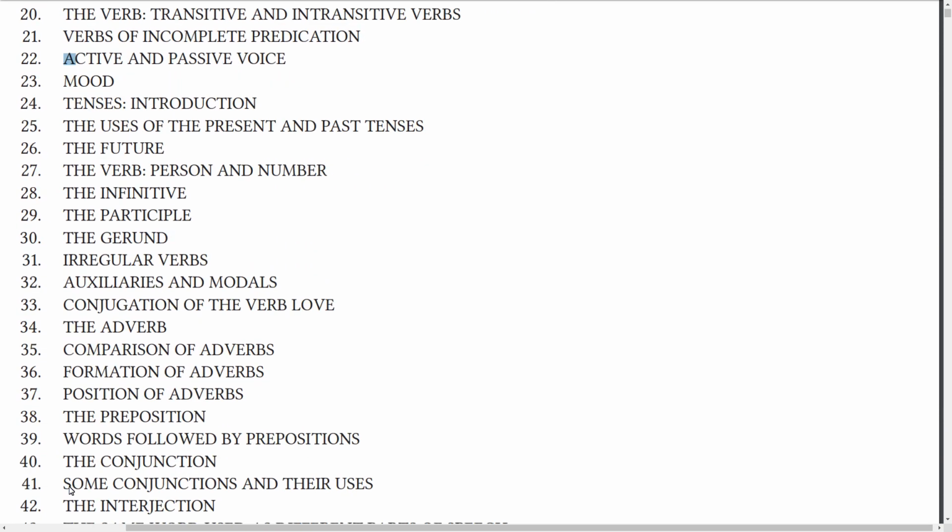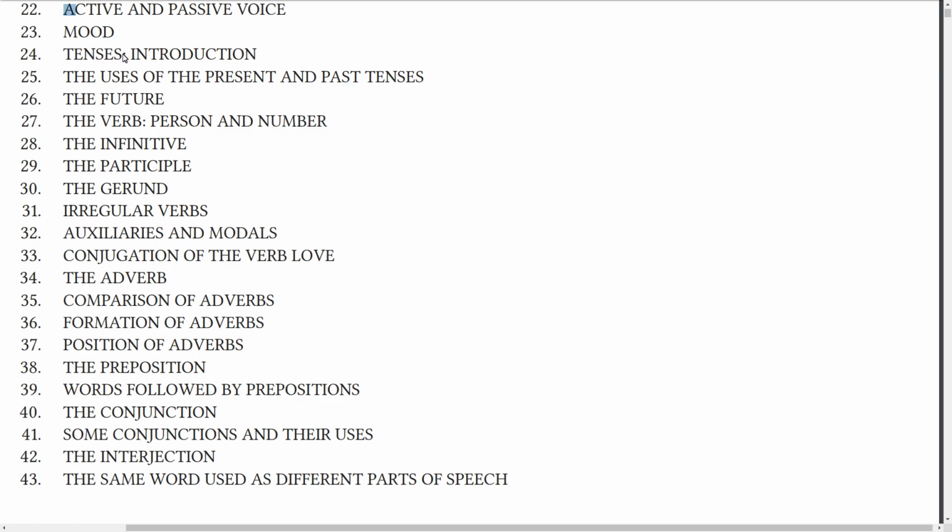And then we have to learn mood, tenses, use of different tenses, use of verb, use of infinitive, participle, gerund, irregular verbs, auxiliaries and modals, conjugation of the verb, the adverb, comparison of adverbs, formation of adverbs, position of adverbs, the preposition.